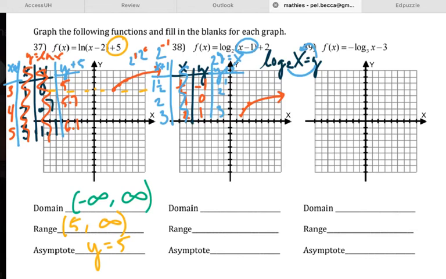So my asymptote, hold on one second. My asymptotes are actually these numbers, +2, right? Yeah, because this is an inverse, your asymptote is actually the inverse. So it's x equals 5. 1, 2, 3, 4. 1, 2, 3, 4, 5.